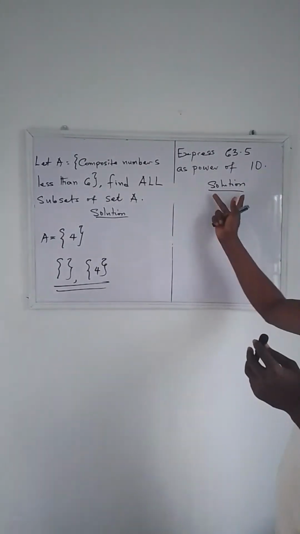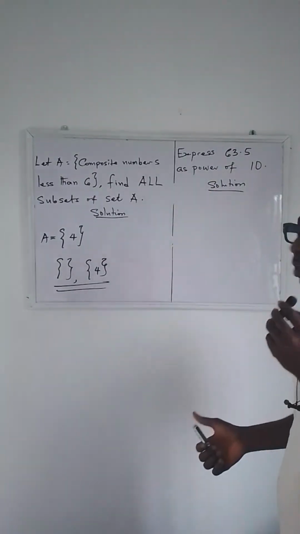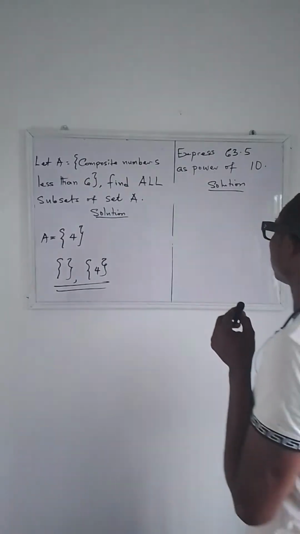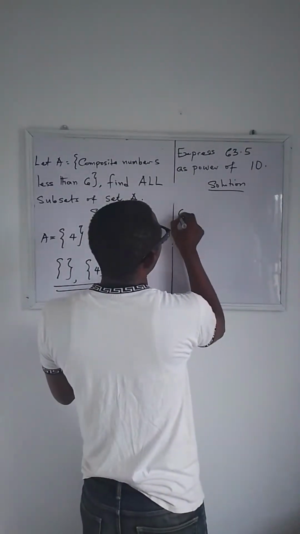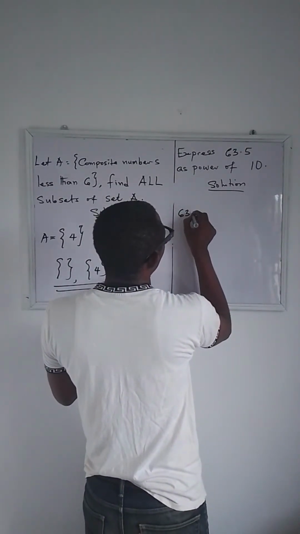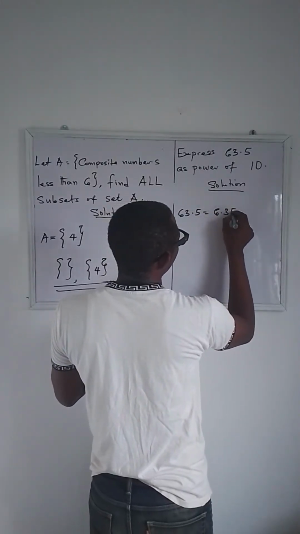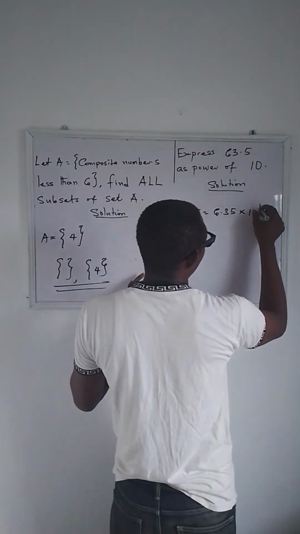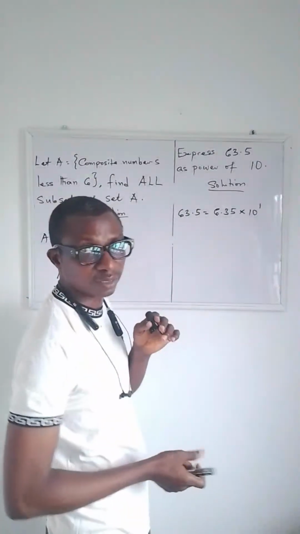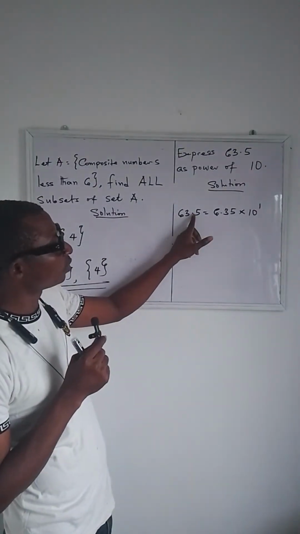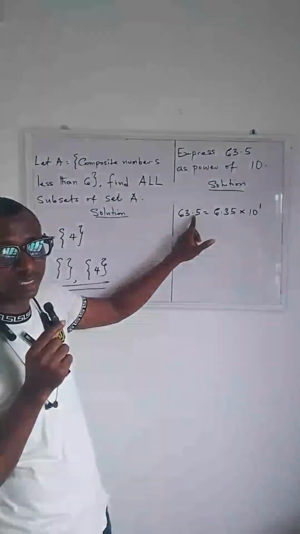The first thing to do here is to express this number in standard form. 63.5 is the same thing as 6.35 times 10 raised to the power of 1. When converting a number to standard form, we move the point to the back of the first significant digit.